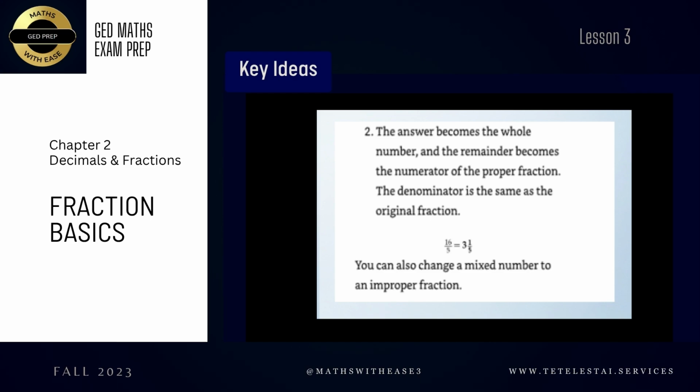And you can rewrite that as 3 and 1/5, because the complete number of parts that we have is 5, and we're being asked how many times can 5 go into 16. The number is 3. 3 times 5 is 15, and we'll have 1 left over of the 5 parts. Okay.